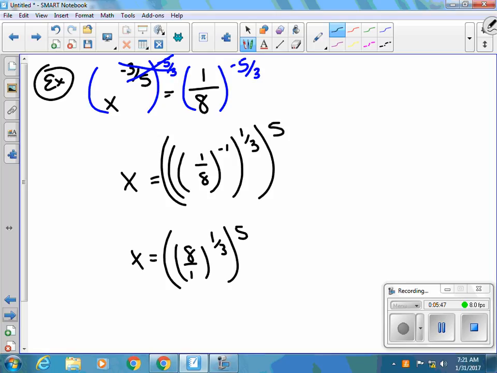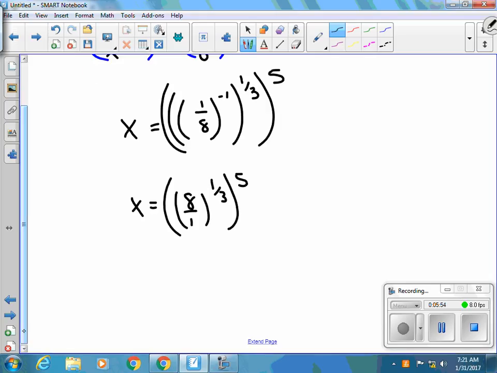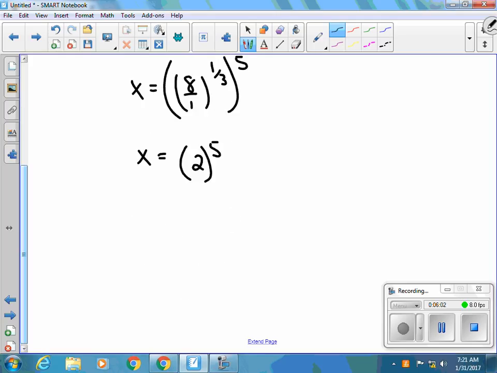Notice, even though I broke it down into negative 1, 1/3, and 5, I'm still going step by step on the outside of my parentheses. So now 8 to the power of 1/3 gives me 2, and now I've got to take that to the power of 5. 2 to the power of 5 gives me 32.